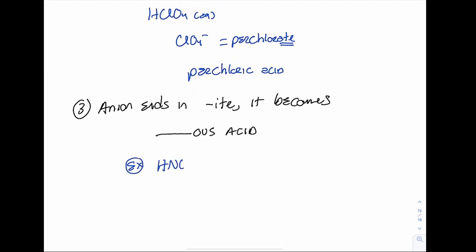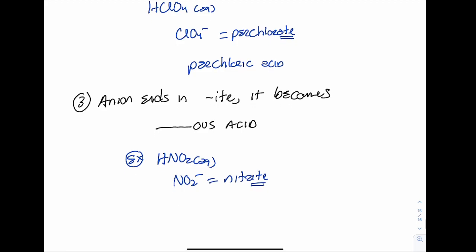So HNO2, aqueous, we know it's an acid. NO2 minus is nitrite. So it ends in ITE, becomes nitrous acid.